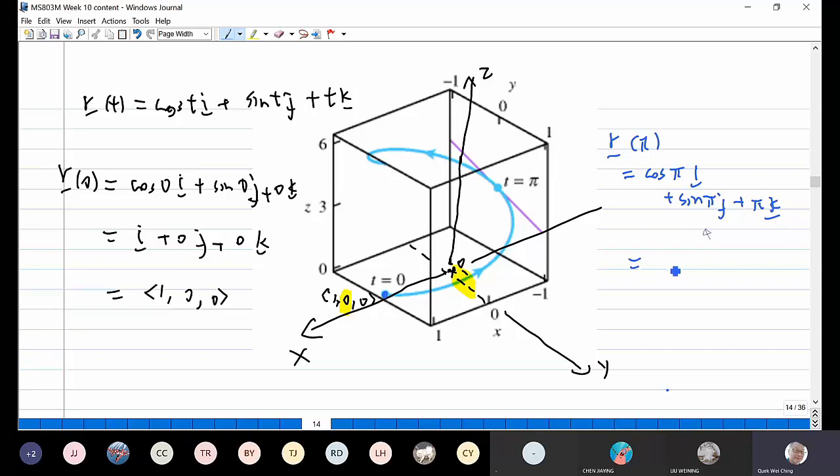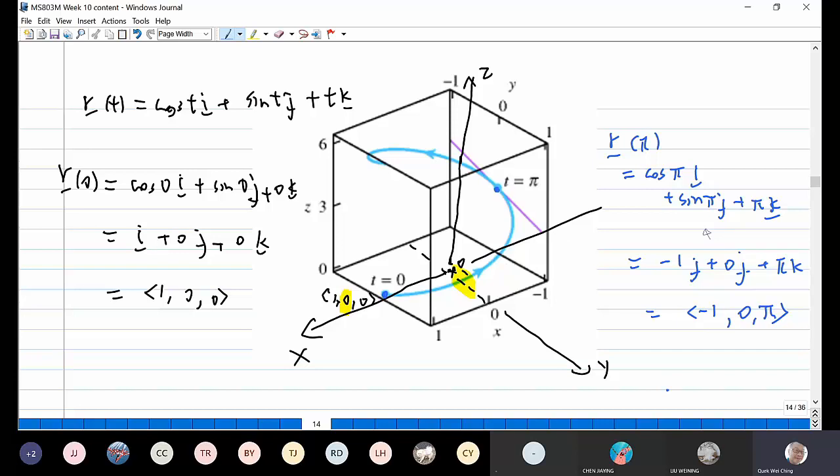Cosine pi is minus 1, sine pi is 0, and then pi k. So this is the point (-1, 0, pi). So at t equals pi, this is the point here.